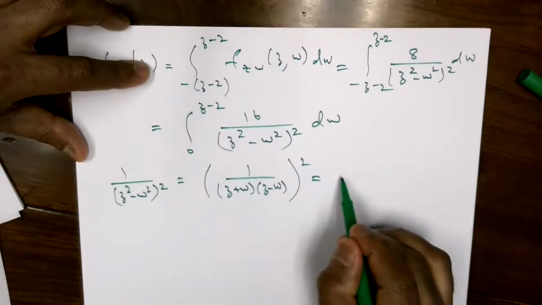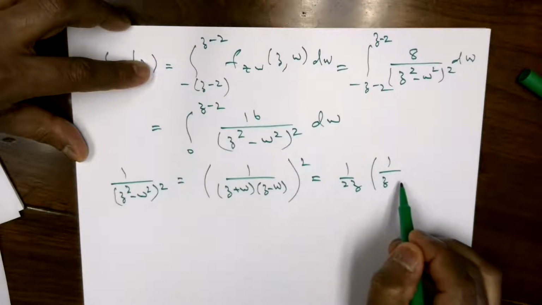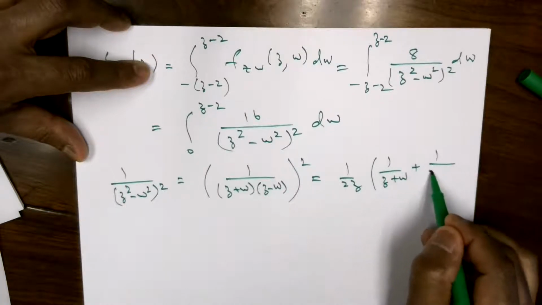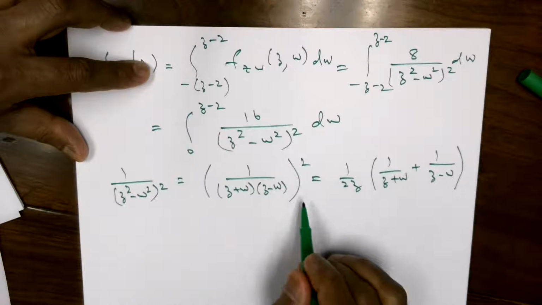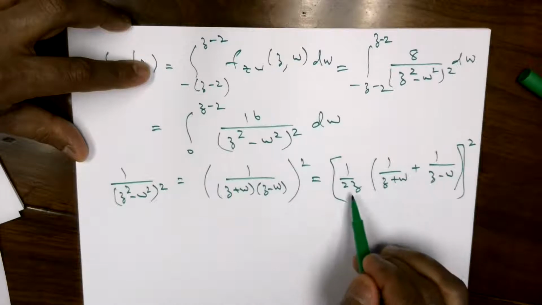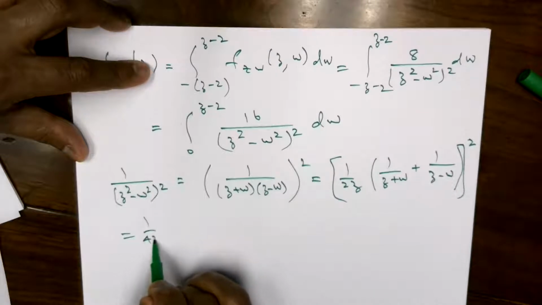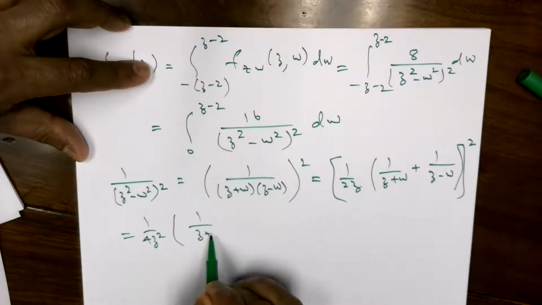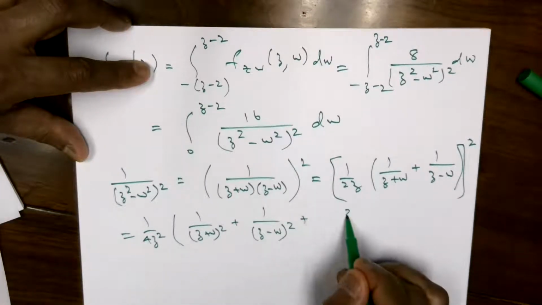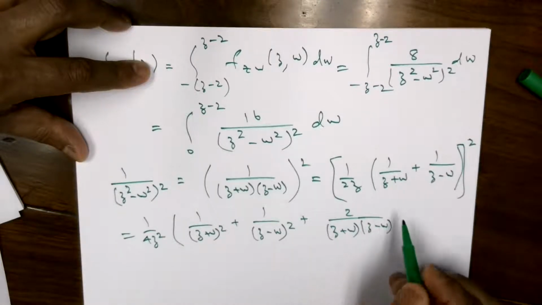So this we can write as 1 over 2z times the quantity 2z over z plus w plus z minus w, the whole squared, because this gives you 2z. The reason I brought in 2z is that z is not the variable of integration. So when I expand that, I get 4z squared, 1 over z plus w, the whole squared, plus 1 over z minus w, the whole squared, plus 2 divided by z plus w and z minus w.